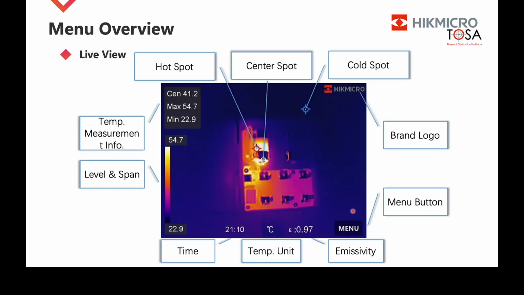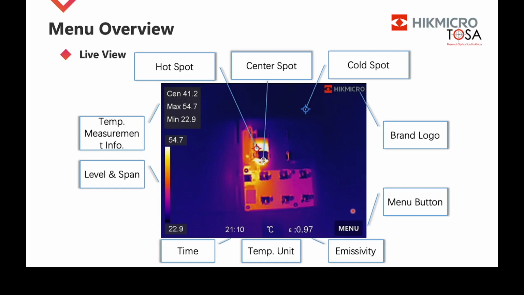So, right, some quick comments about what you're seeing on screen, particularly in this case with the Pocket 2. Starting at the top left, that's the hotspot marker. You'll see that the hotspot marker is shown in the max temperature. Left top, you see max. That's what we're seeing as far as the hotspot is concerned.